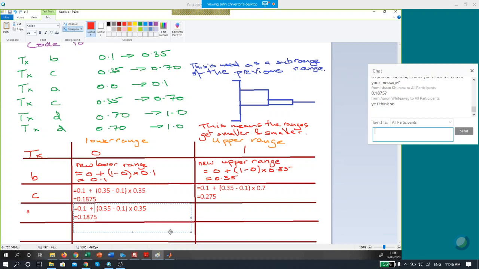So we've got the lower value there. That should be 0.1875. And then this is the upper one, isn't it? So 0.275 there and 0.1875 there. Okay, and then this one is for letter A, isn't it? Which is a 0. Okay, so that comes to something.